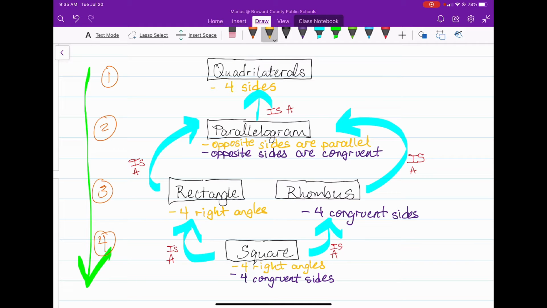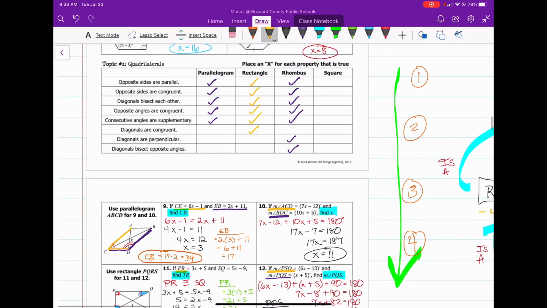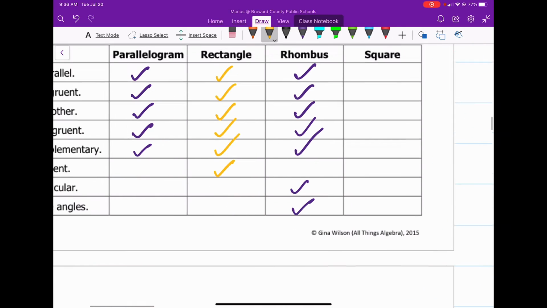So we can check all of those characteristics off, and we still have to include the fact that a square has 4 right angles and 4 congruent sides.